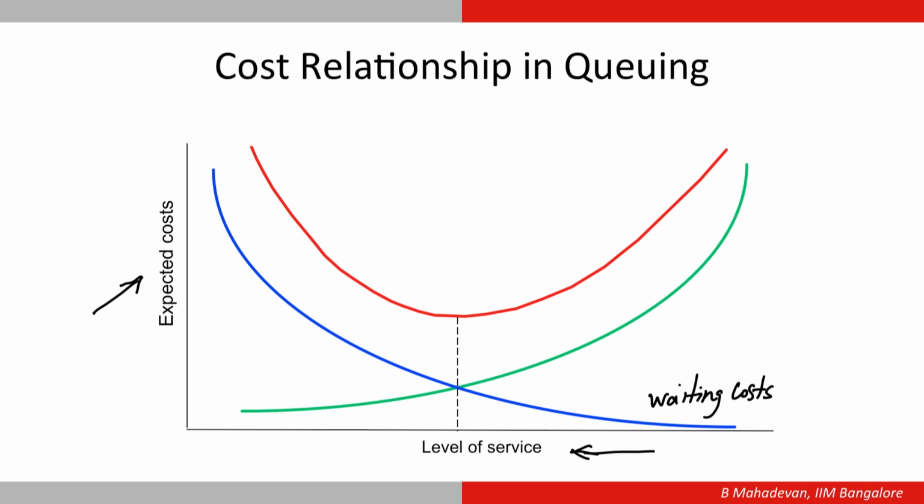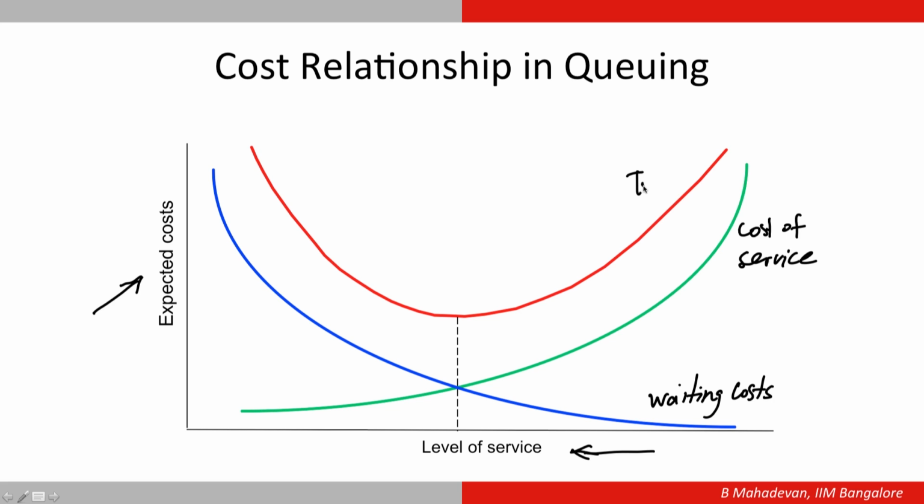That is what it means. As the level of service comes down, waiting costs will increase. Now this other curve that you see here is the cost of service. So what is interesting is, if you try to do a good job of reducing the waiting cost, you will find your cost of service will go up, and vice versa.